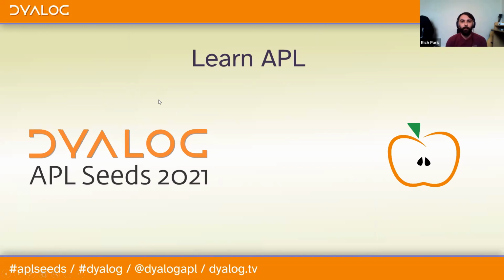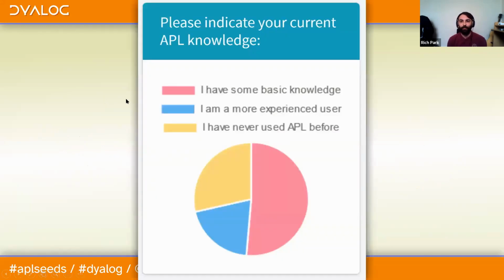So the first thing is I want to say thank you to everyone who registered and who's attending. I didn't really know what to expect when we started promoting this event, but to have well over 200 registrations was a nice, pleasant surprise.